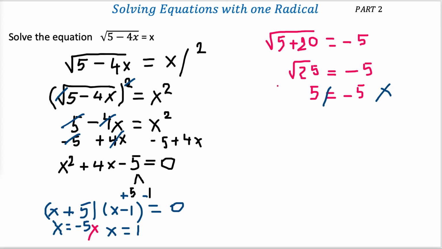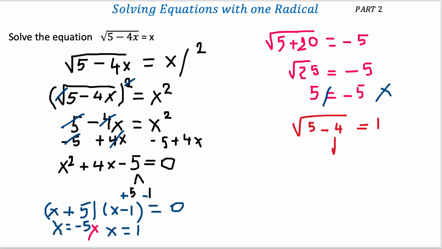And now everywhere there is an x we are going to plug 1 into the original equation, and it's going to look this way. 5 plus minus 4 times 1 is minus 4. So we can write 5 minus 4 is equal to, instead of the x on the other side, I write just 1.